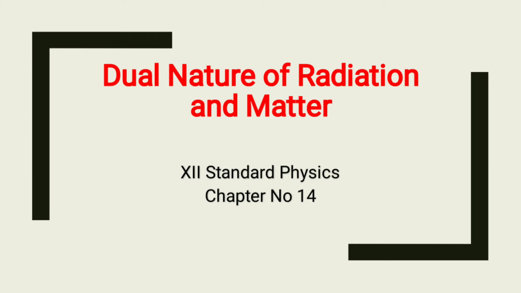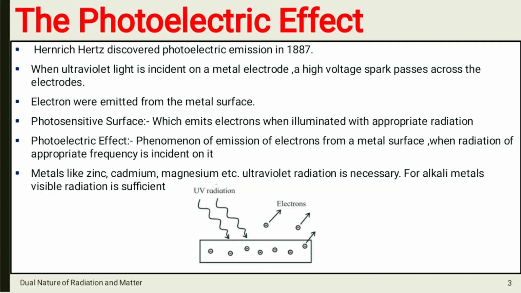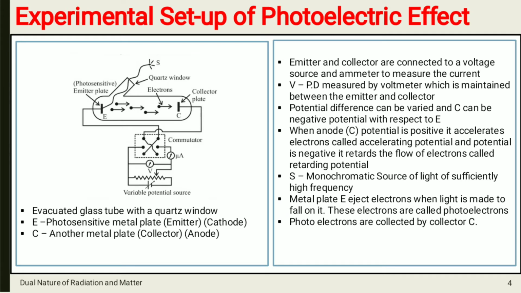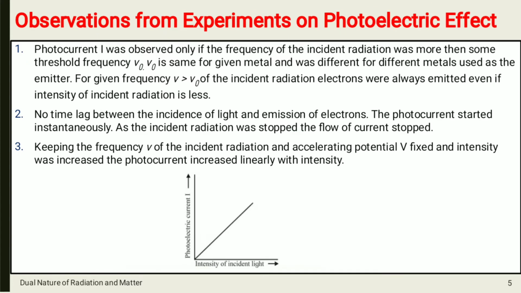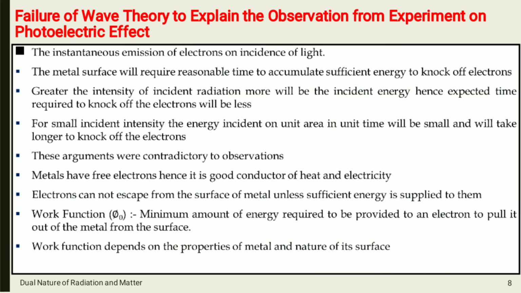In the last two lectures we have discussed some introduction, then the photoelectric effect, the experimental setup of the photoelectric effect, and observations from experiments on the photoelectric effect. Now we are going to discuss the failure of wave theory to explain observations from experiments on the photoelectric effect.